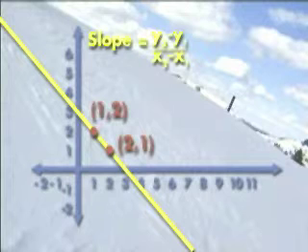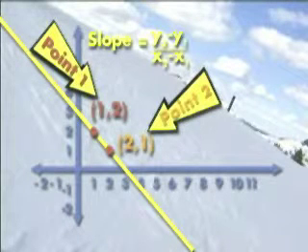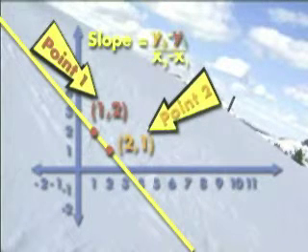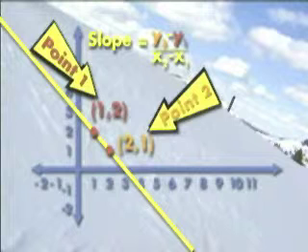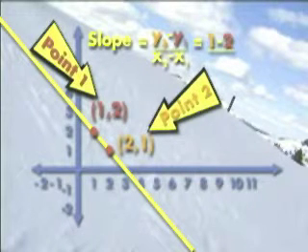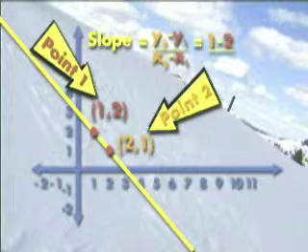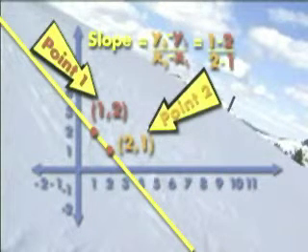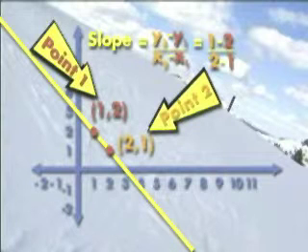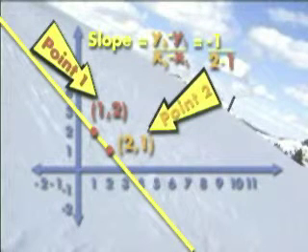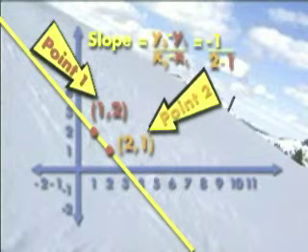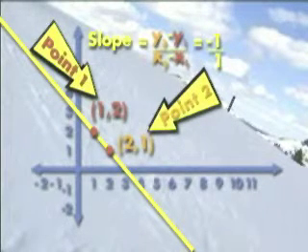If you called (1, 2) point 1, and (2, 1) point 2, you would find y sub 2 minus y sub 1 equal to 1 minus 2, and x sub 2 minus x sub 1 equal to 2 minus 1. Simplifying, you would find 1 minus 2, or negative 1, in the numerator, and 2 minus 1, or 1, in the denominator.